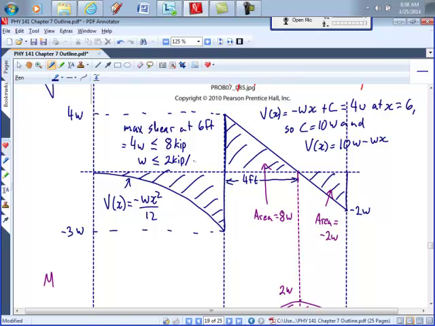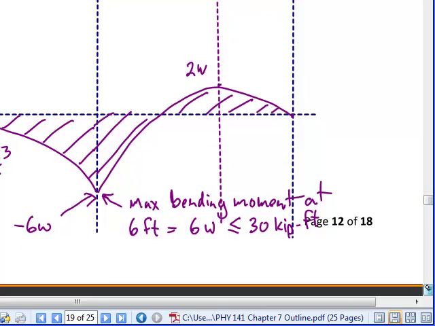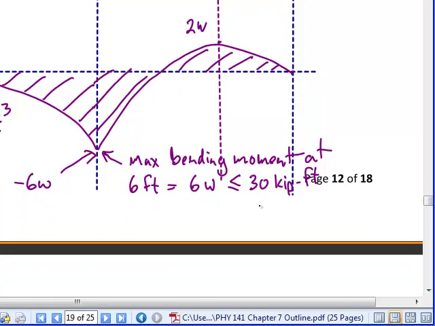per foot. And from our moment diagram, we would have w is less than or equal to 5 kip per foot.